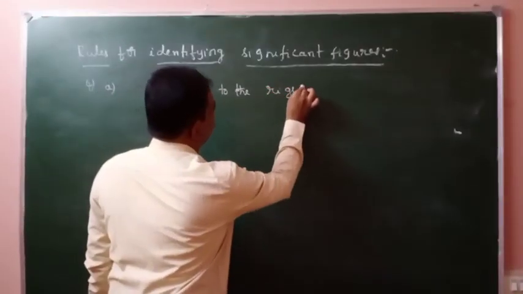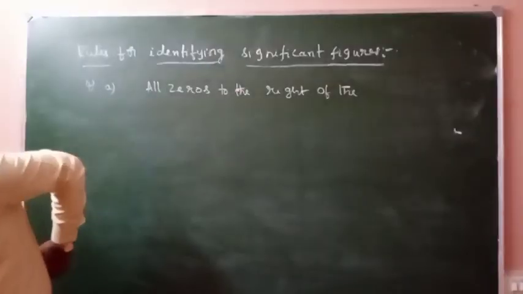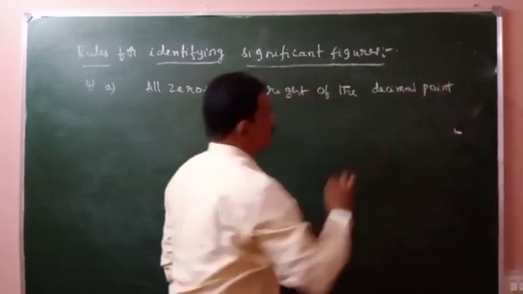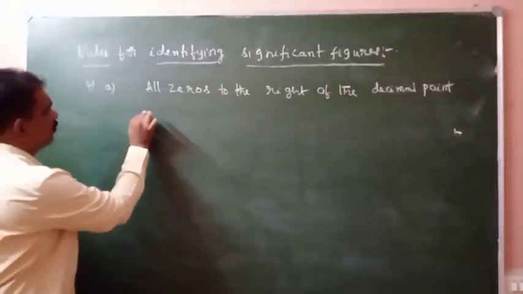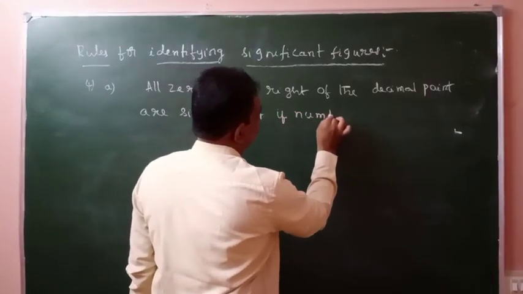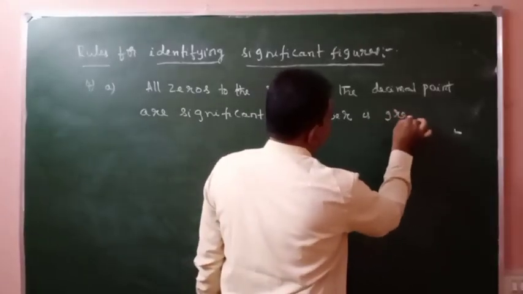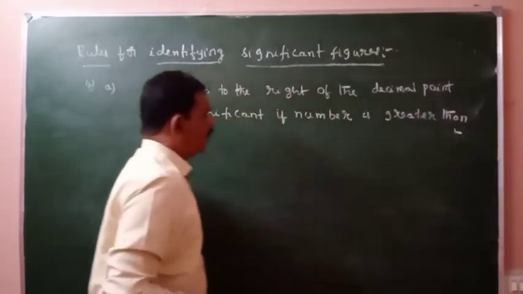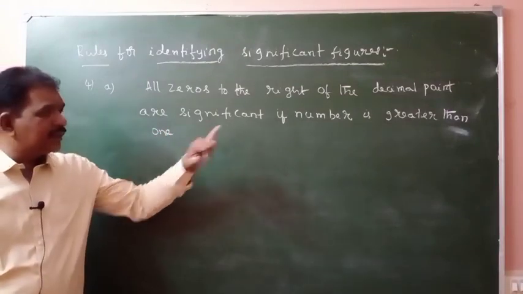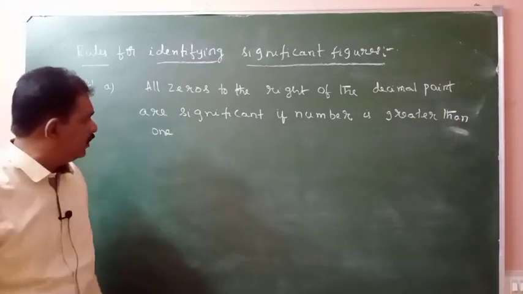Fourth A: all zeros to the right of the decimal point are significant if the number is greater than 1.